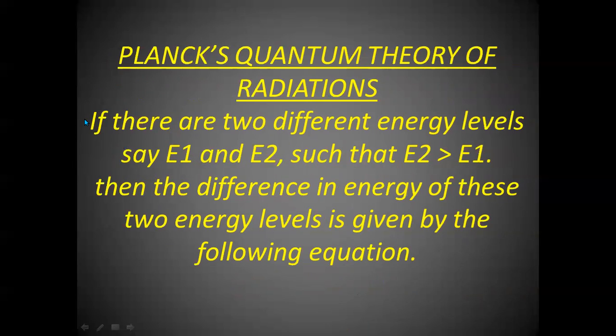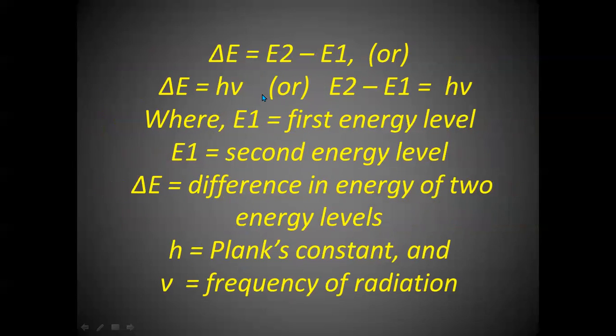According to Planck, Planck is a scientist, according to him, if there are two different energy levels, E1 and E2, such that E2 is greater than E1, that means the second energy level is greater than the first, then their energy difference will be given as delta E.